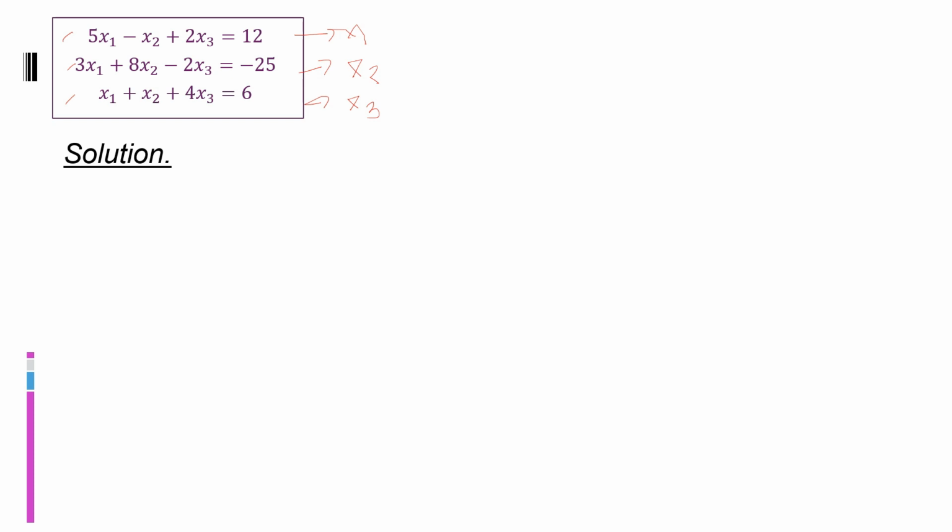So for the first equation, x sub 1 of k equals 1/5 x sub 2 of k minus 1 minus 2/5 x sub 3 of k minus 1 plus 12 over 5.